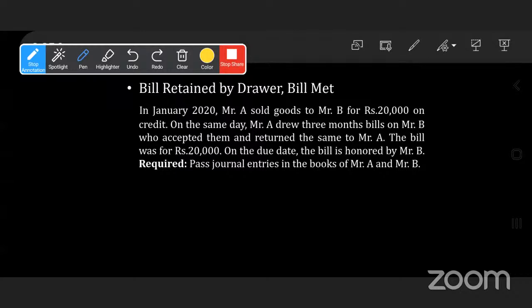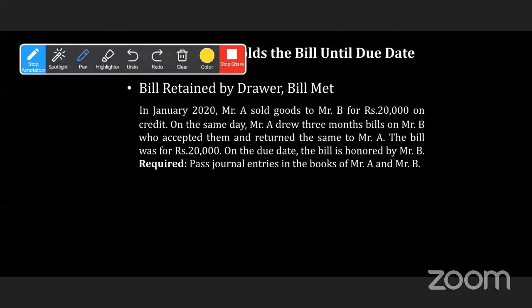So from January, you have to calculate 3 months. It is a 3 months bill. January 1st to 1st February, 1 month.